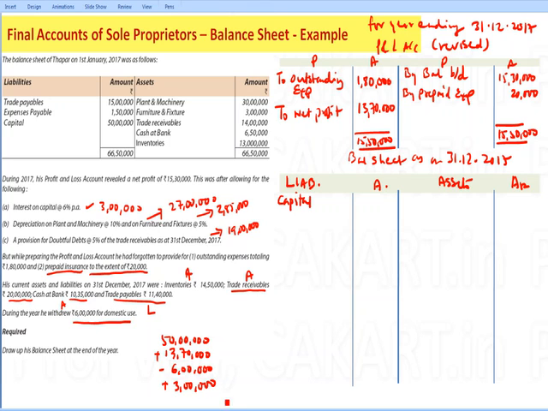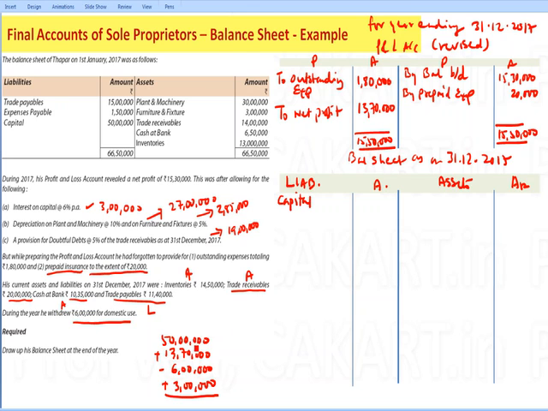So total capital this year, how much will it be? We can do these workings here itself in order to show clarity, or we can do it separately. Last year it looks so clean, so next year also it should look so clean. So we can directly write the capital.